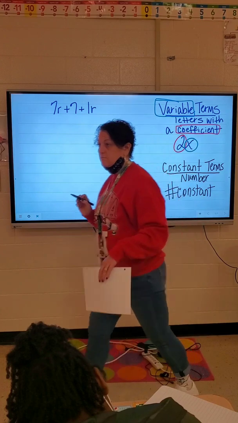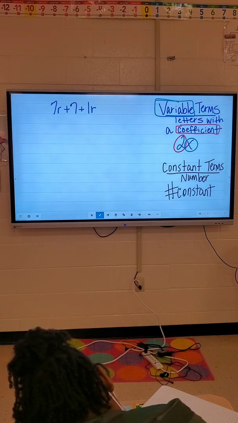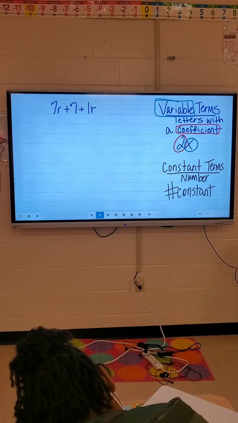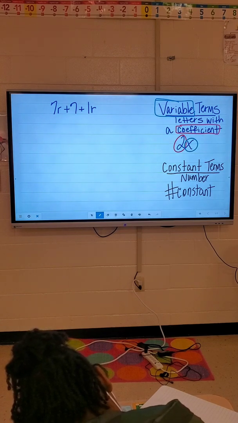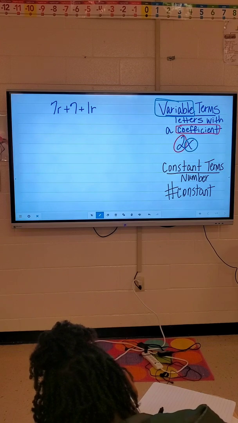Hashtag constant. You know what a hashtag is, right? A hashtag means number, right? So hashtag constant means it's a number. And that helps you remember that a constant term is just a number. Okay? Does that make sense? Hashtag constant.